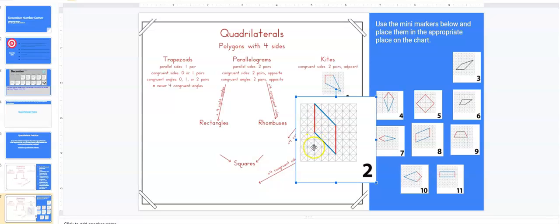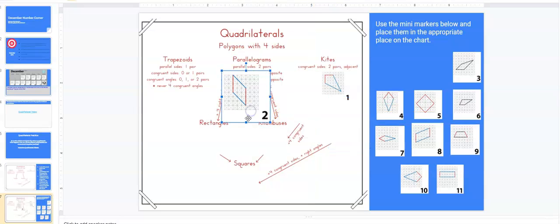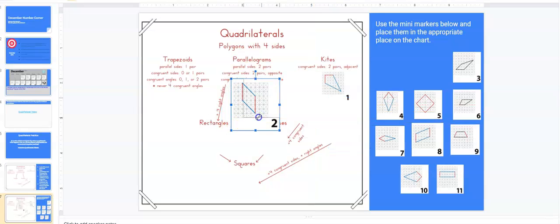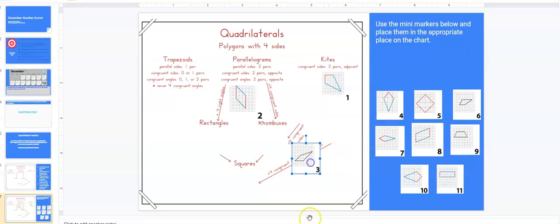Looking at it, they look close, but I don't think they're the same length. So I'm going to go with this is just a parallelogram. It's not a rhombus. But I would definitely want to use a ruler and check that out if I was able to.